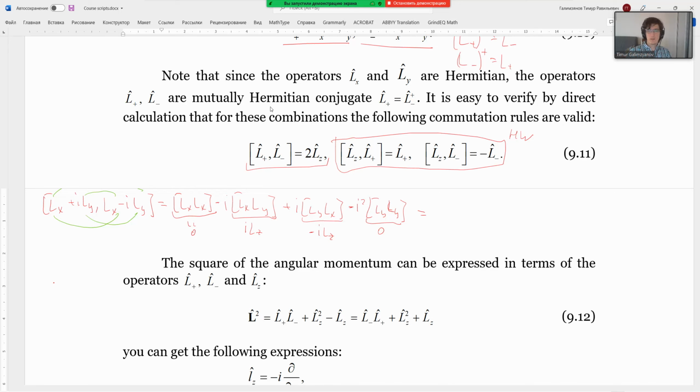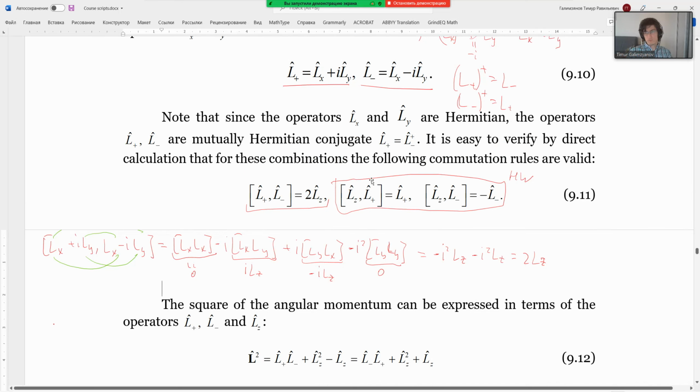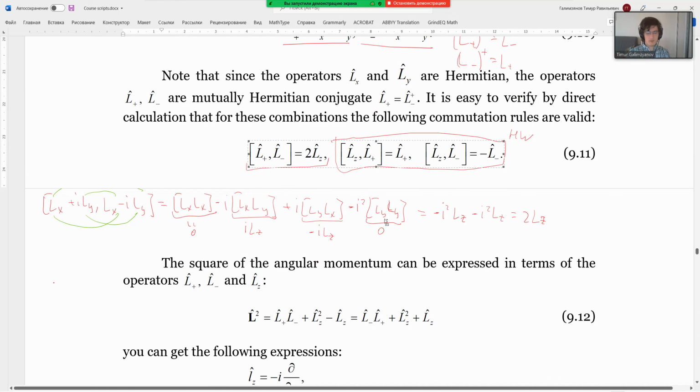So we get minus i squared Lz minus i squared Lz, which equals 2 Lz. Using the same technique we can calculate the other commutators, and that's what we need.